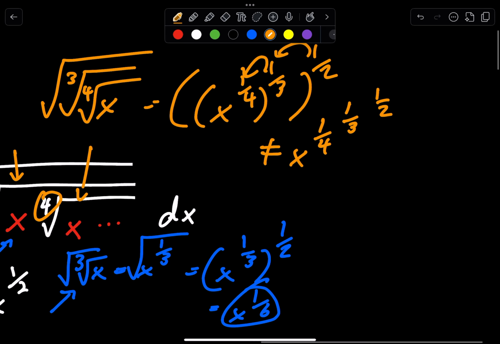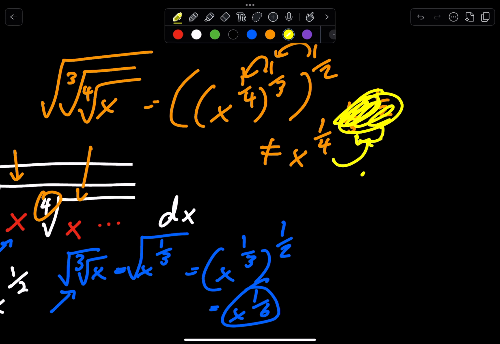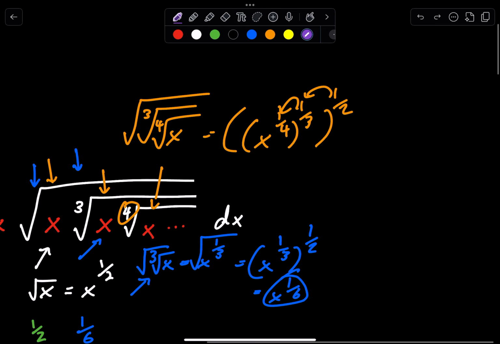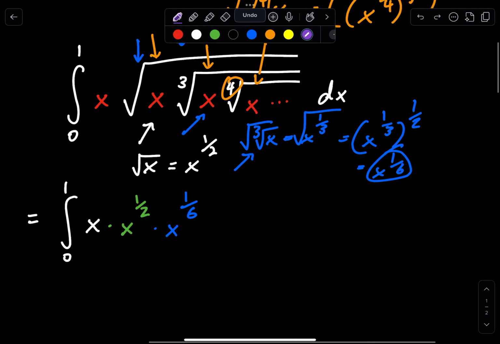X to the 1 over 4 to the 1 over 3 to the 1 over 2 means that you take 1 over 3 to the 1 over 2, whatever that is, you just keep that as a blob, and then you take 1 over 4 to that blob, and then you name that a, and then you take x to the power of a. So that you go in reverse order from top down. But except with this one, with the parentheses, you want to follow the order of operations. So you find the fourth root, cube root, and then 1/2, like that. Or you can just multiply it using standard rules of exponents.